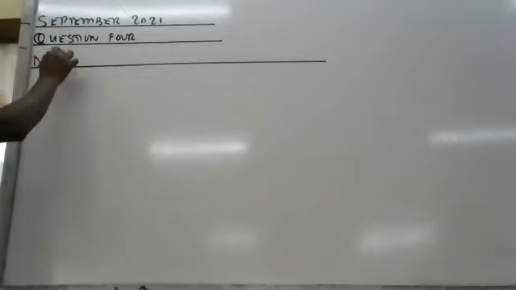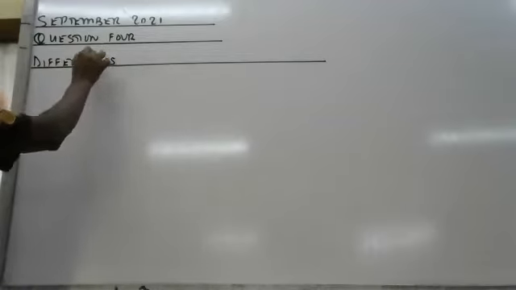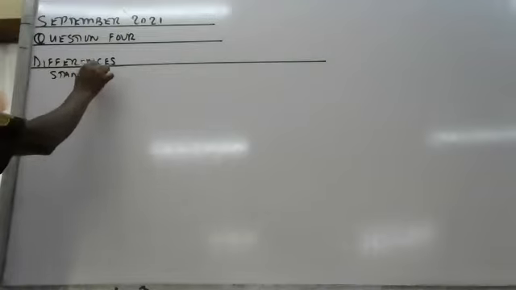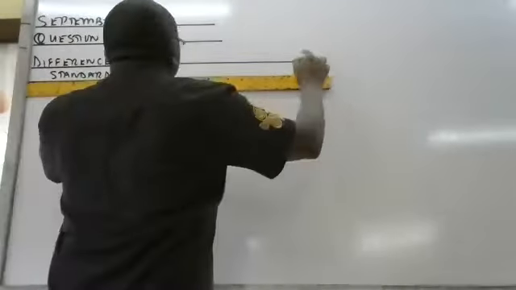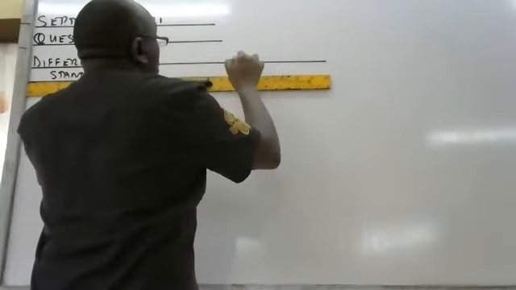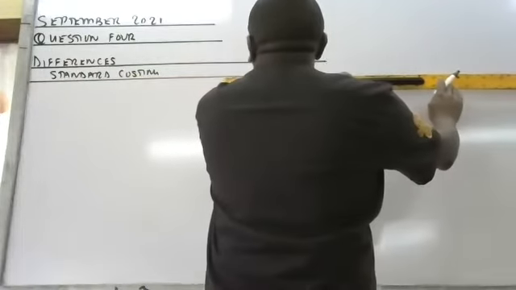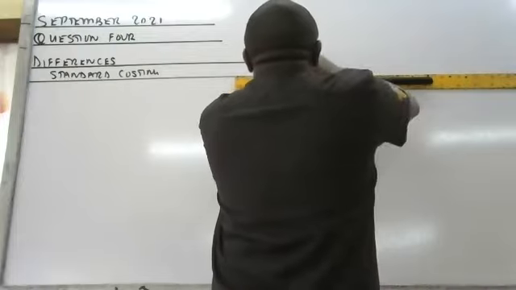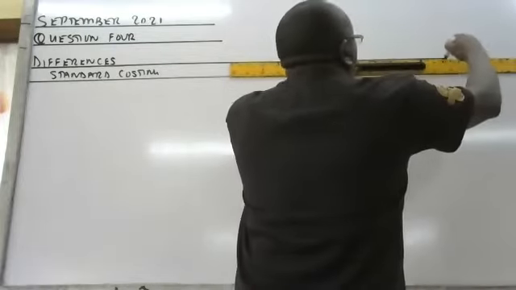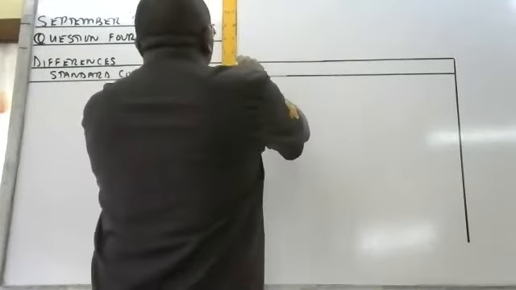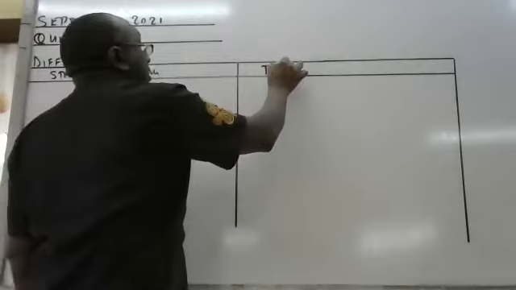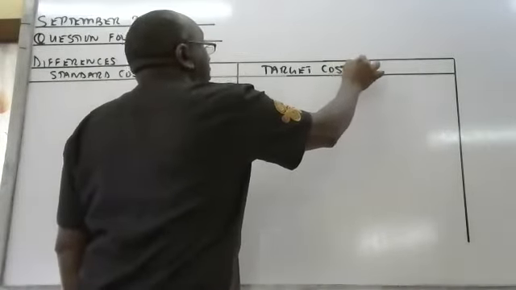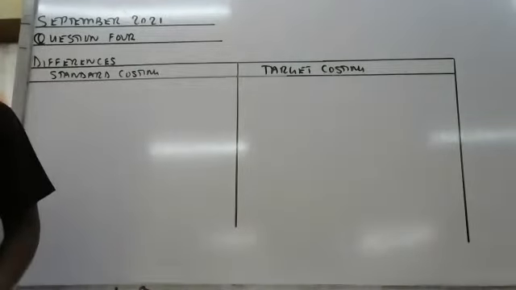So we have standard costing here, and target costing. We are told to explain those differences.